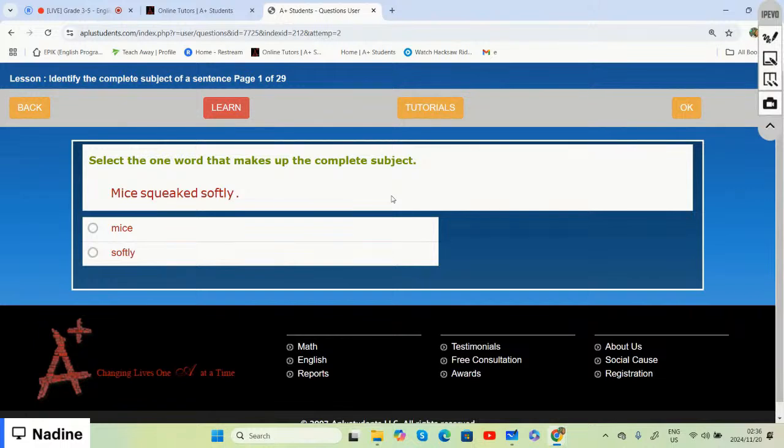It says we need to select the one word that makes up the complete subject. It says, mice squeaked softly. What is that one word that's the complete subject? Is it option one, mice, or option two, softly?